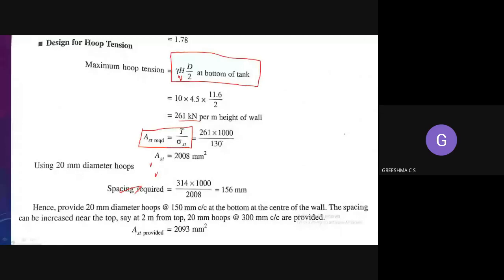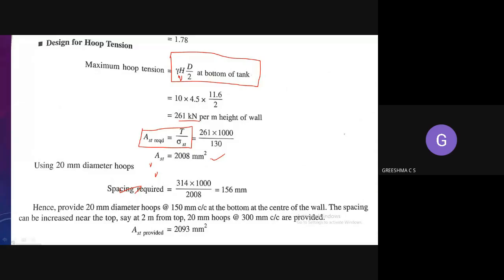Whenever you are applying an equation, make sure that the units are the same. If you substitute it, you will get AST equal to 2008 mm square. So you have to provide an area of steel of 2008 mm square.